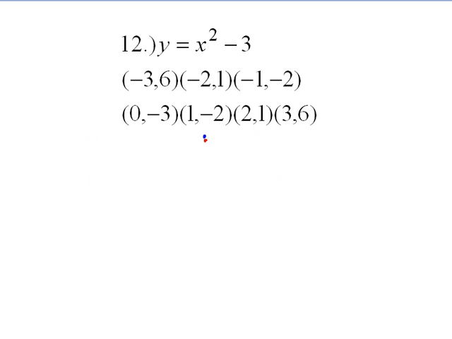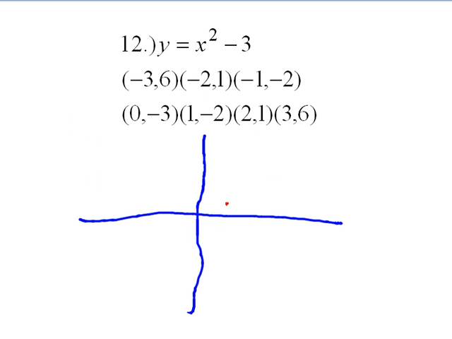Okay, now we've got a series of them. Alright, this is our equation, and for this equation, these are our values. So if you put negative 3 in here, you would end up with y being 6. So let's plot these values and see what we end up with.